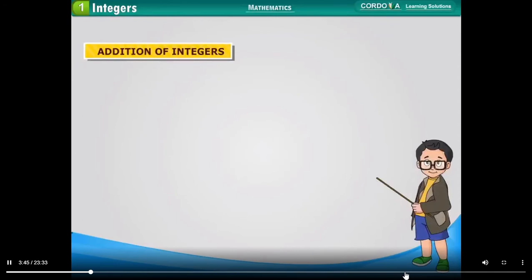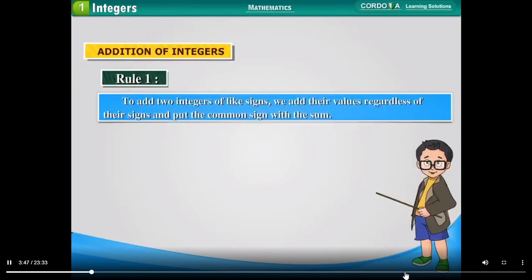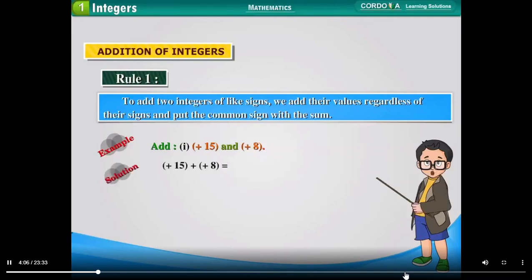Addition of integers. Rule 1. To add two integers of like signs, we add their values, regardless of their signs, and put the common sign with the sum. Example: add +15 and +8. Solution: +15 plus +8 is equal to +(15 plus 8), which is equal to +23.